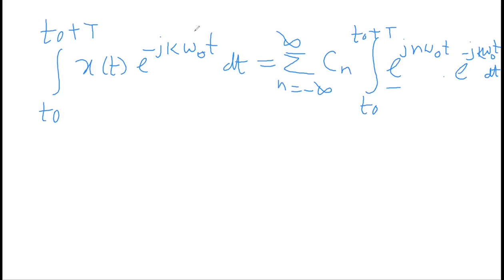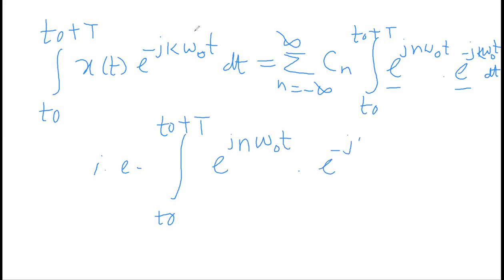Since these two exponential functions, if n is not equal to k, are orthogonal, that means the integration from t naught to t naught plus T of e to the power j n omega 0 t into e to the power minus j k omega 0 t dt is equal to 0 for k not equal to n.